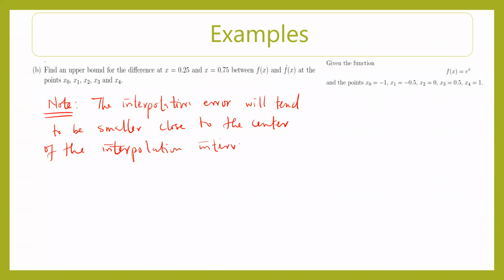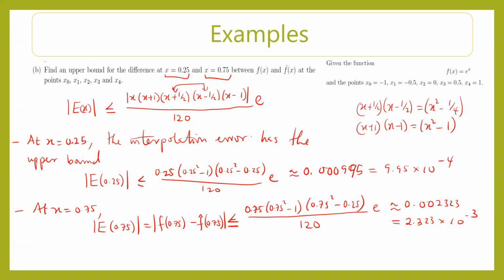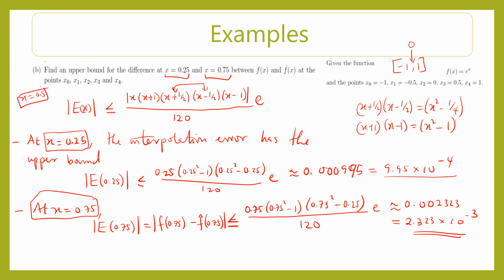So that is why, when we have the interval -1 to 1, 0 is the center. Okay, so when we have x equal to 0.25, we have a good error. When we have something far away from the center, the error is larger. So I will suggest that you try maybe x equals 0.5 to see that you will get better.